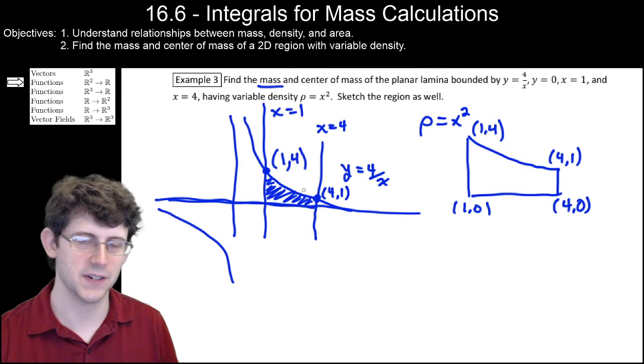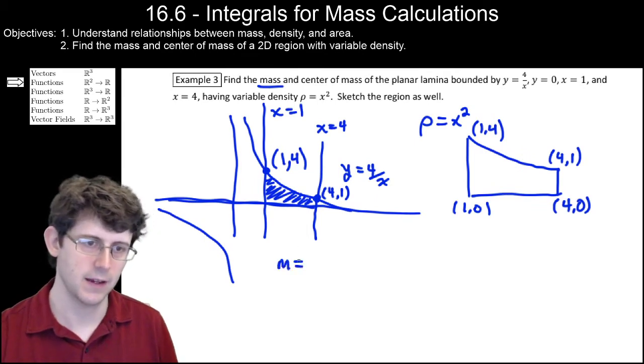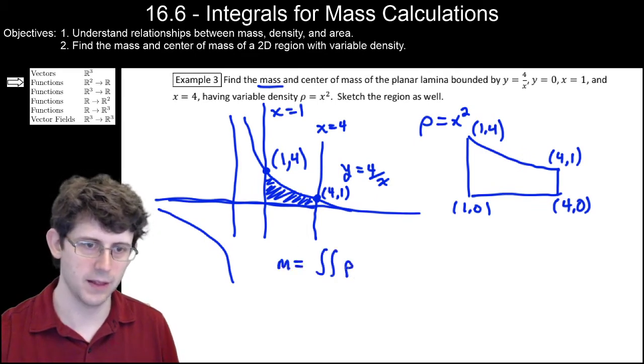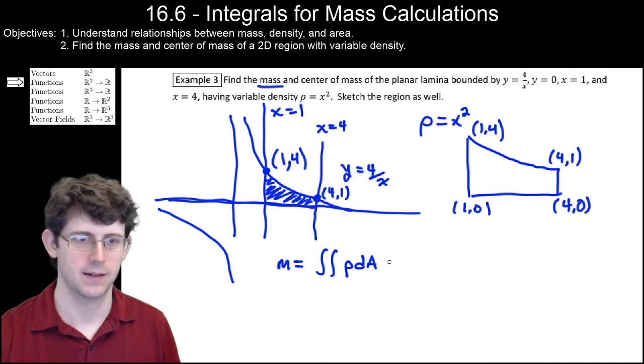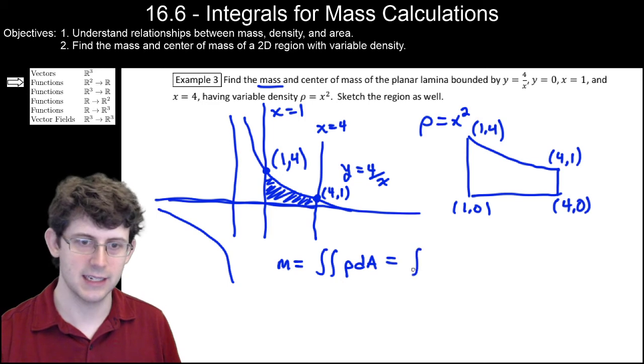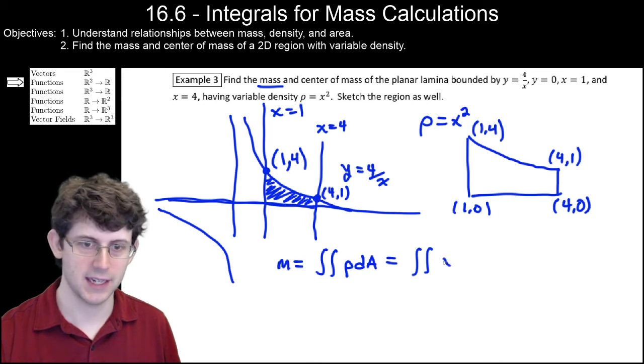I guess I'll find the mass first because I have to do that anyway on the way. The mass is add up all the little bits of mass. I've got everything in terms of x and y, so using dA as dy dx seems fine. The density function is x squared.